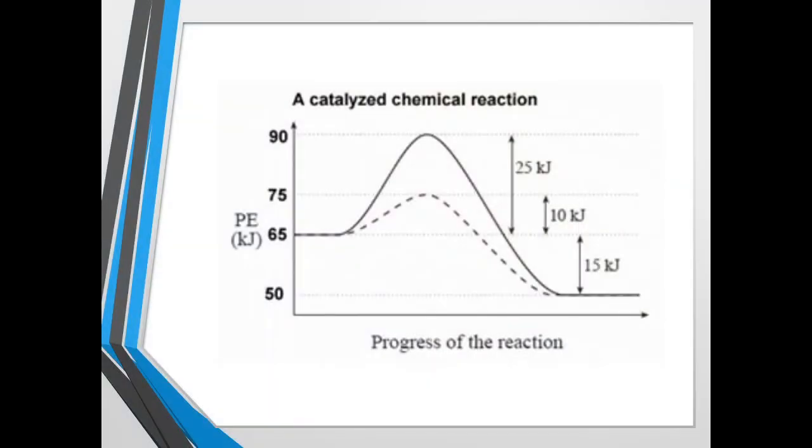So a catalyst is a special substance that you add into a chemical reaction. It is something that you add that actually regenerates itself back by the end. And it speeds up the rate by lowering the activation energy. So adding a catalyst lowers the activation energy, which actually speeds up the rate of the chemical reaction.